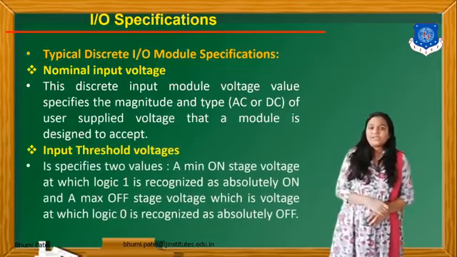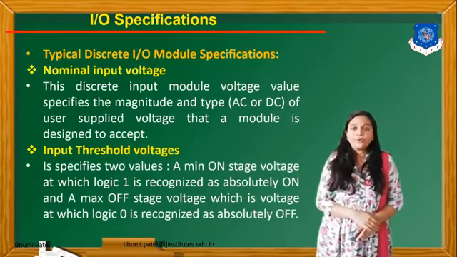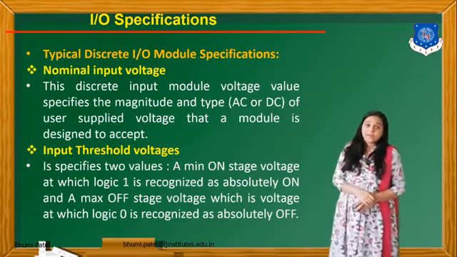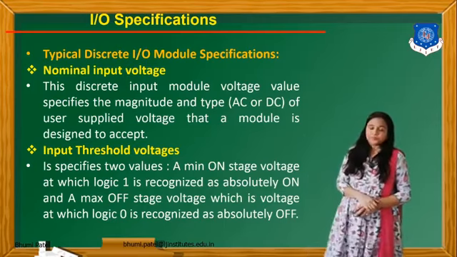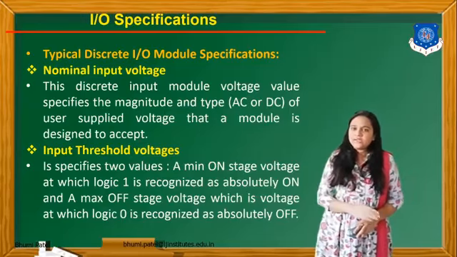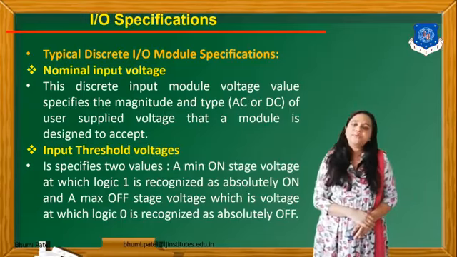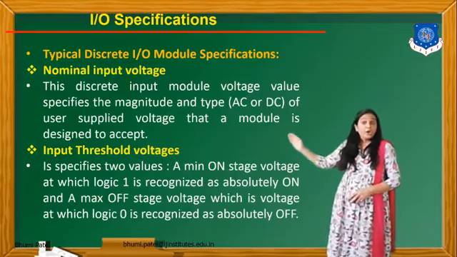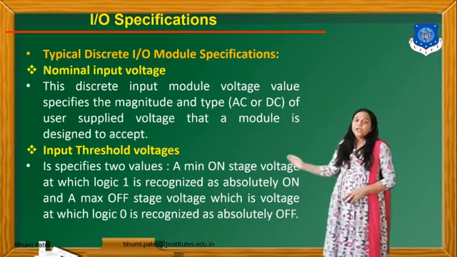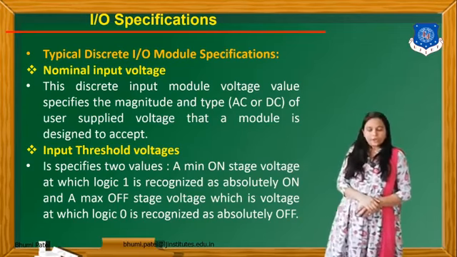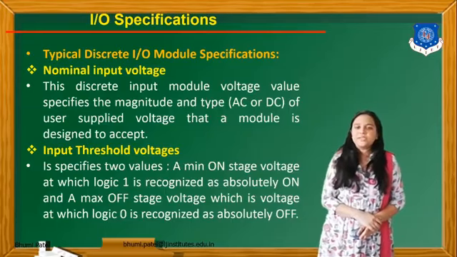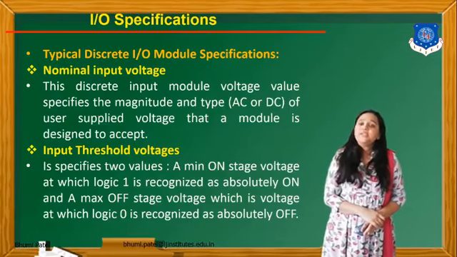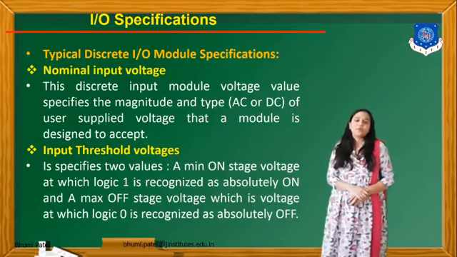Now the input threshold voltage. Now as you know what the threshold voltage is, it specifies two values, a minimum on-state voltage and a maximum off-state voltage. The minimum on-state voltage is the voltage at which logic 1 is recognized as absolutely on, and the maximum off-state voltage is the voltage at which logic 0 is recognized as absolutely off.